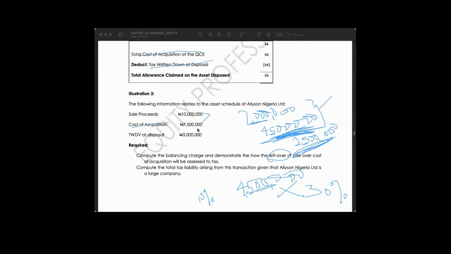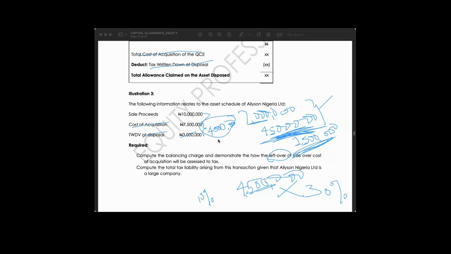So you have 4.5 million. And we said your balancing charge cannot be more than the total allowance claimed on the assets. Your balancing charge was 10 million minus 3 million, which is 7 million, but it cannot be more than the total allowance claimed on the asset, which is 4.5 million.